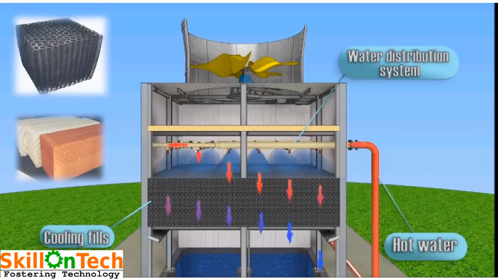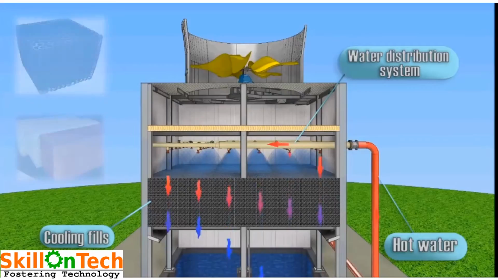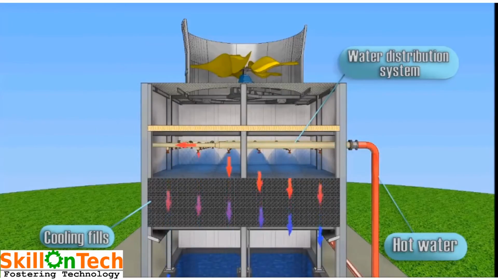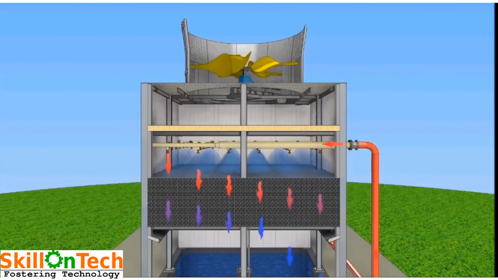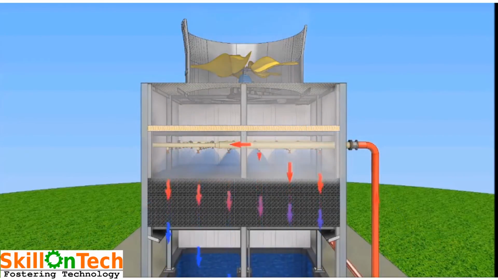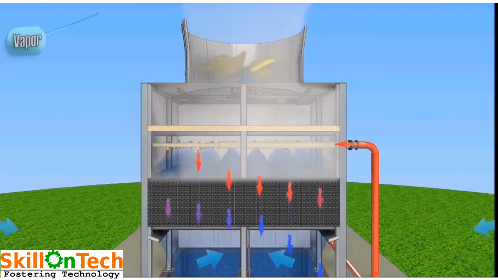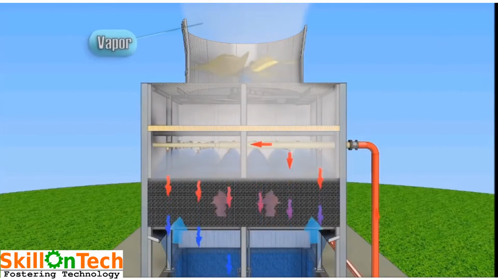Now you can see the hot water is continuously coming from the process plant and spraying through nozzles over the PVC fills. When the complete PVC fills are wet, the fan is started.